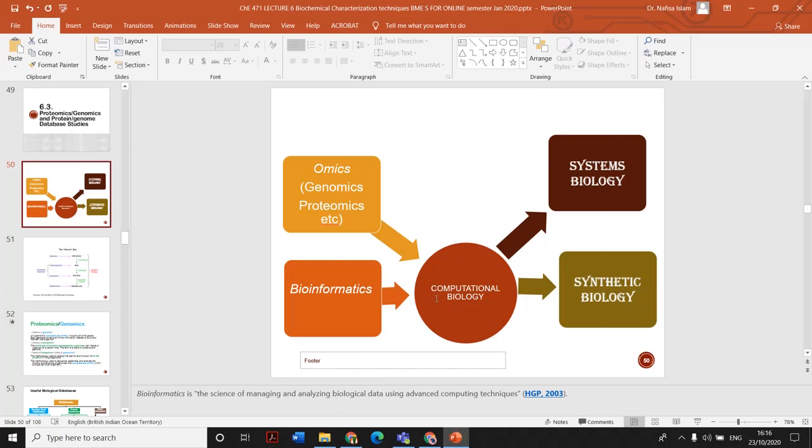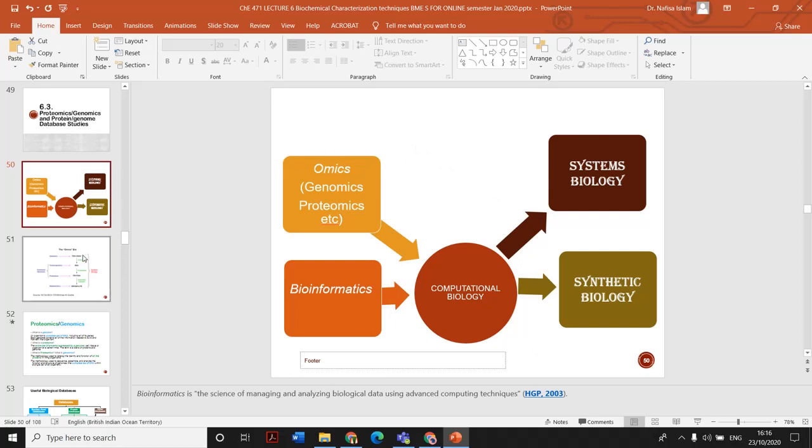Say you use some sort of a data computing software, and then you use it to figure out certain metabolic processes or lots of other things, which gives rise to the fields of systems biology and synthetic biology.